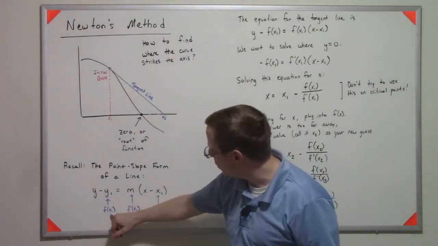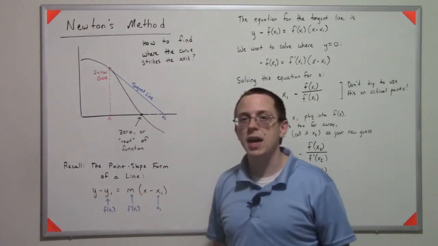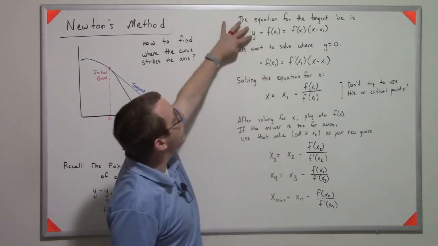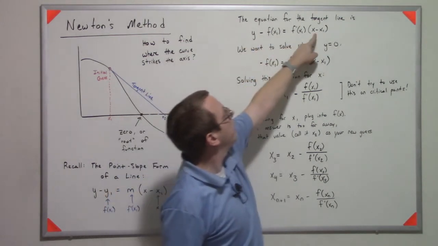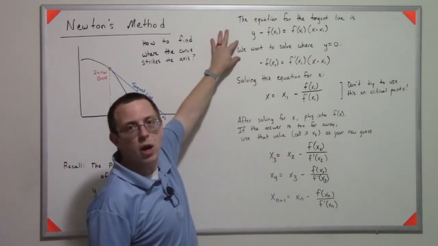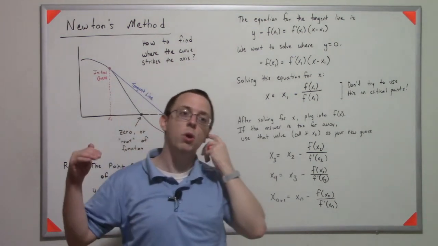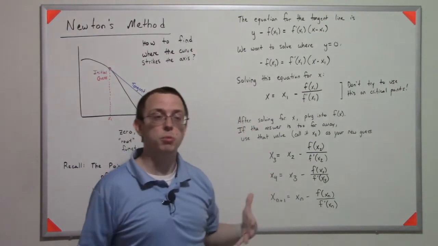We now have three pieces, and this y and this x are the missing pieces. So we can rewrite it like this. What we're trying to do is solve for where y is equal to 0. So we actually already know what the y value on this line is supposed to be.